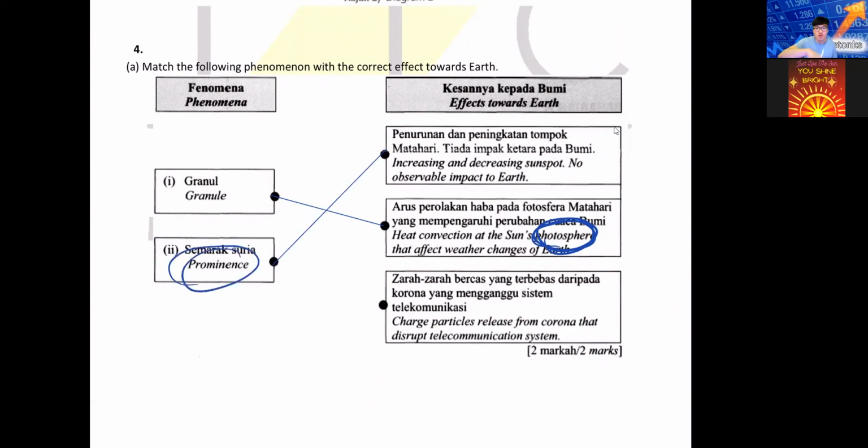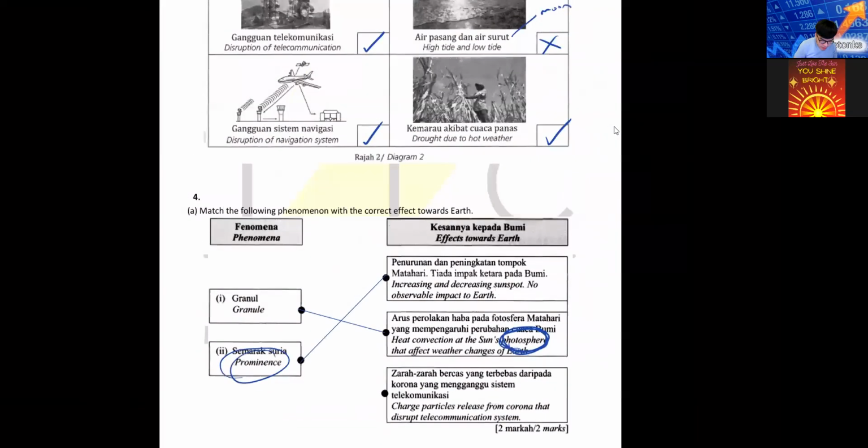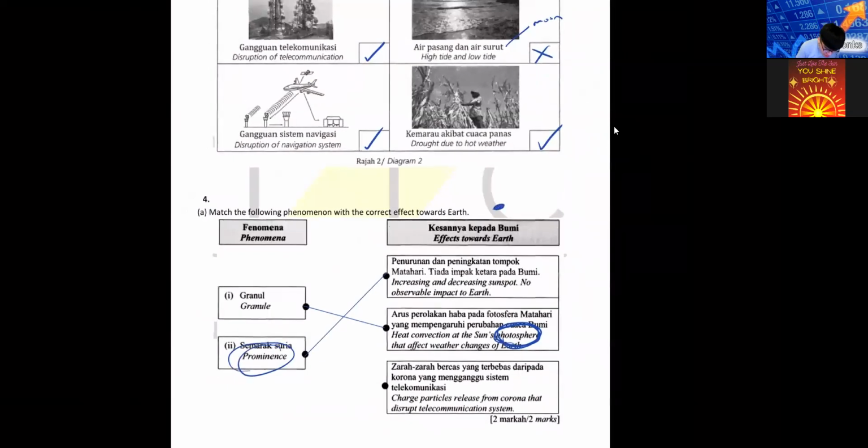Prominence, the fire loop, will happen near sunspots. Okay, when you have a black sunspot like this, nearby you will see a prominence. Okay, because the prominence is very hot, it sucks energy from the surroundings. So when the surrounding becomes cold, you will see sunspots. So usually when you see a bunch of sunspots nearby, you will surely find a prominence. The Semarak Surya. Okay, that's just how it is.